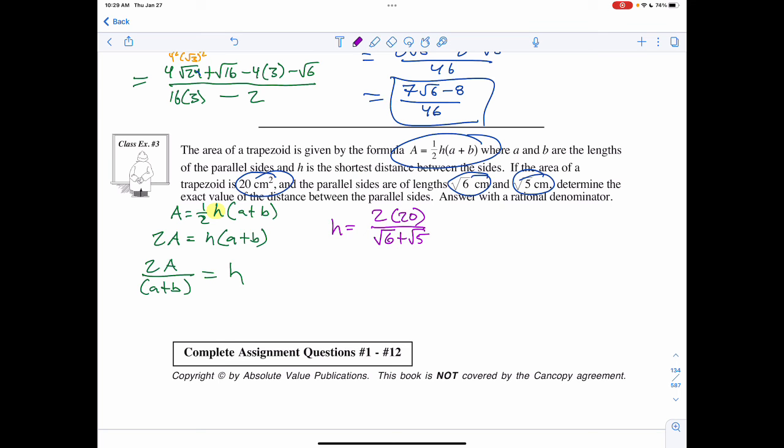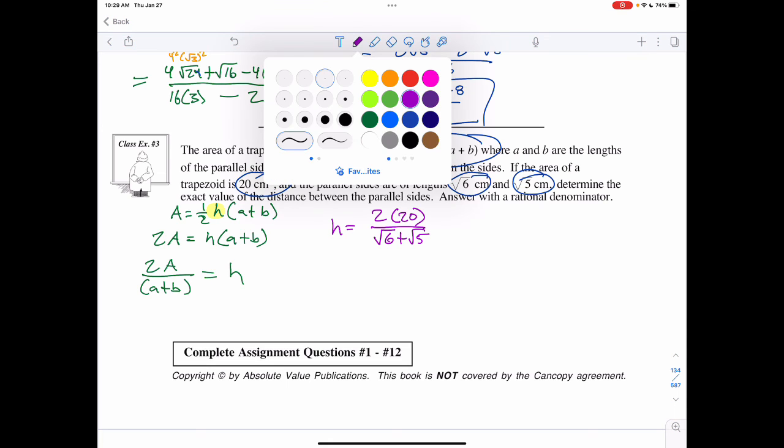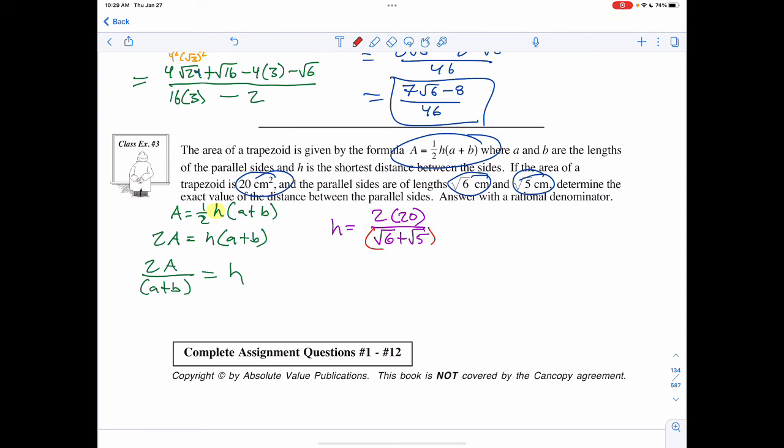I'm going to multiply this by the conjugate to rationalize the denominator. Root 6 minus root 5.